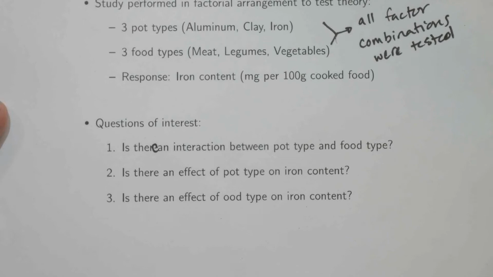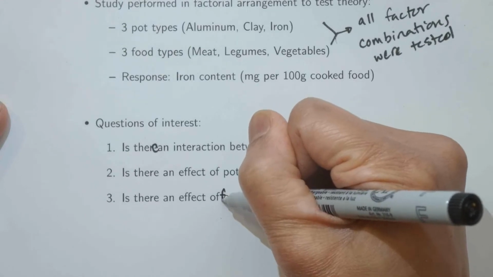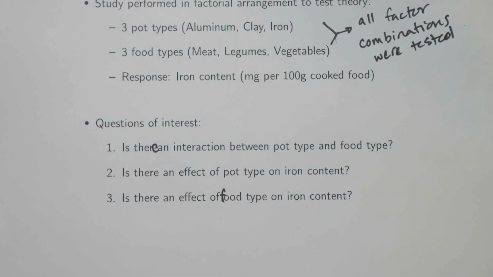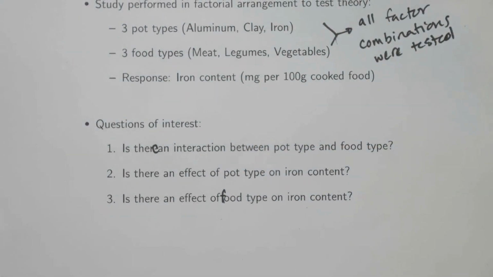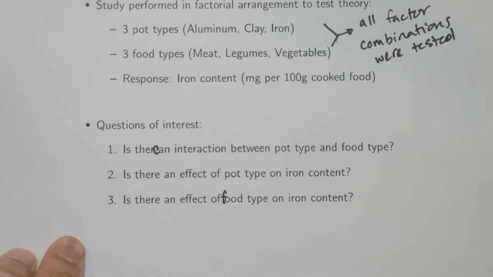Is there an effect of pot type on iron content? And is there an effect of food type on iron content? So let's look at the raw data from this study and see how we can go about constructing the ANOVA table for it.